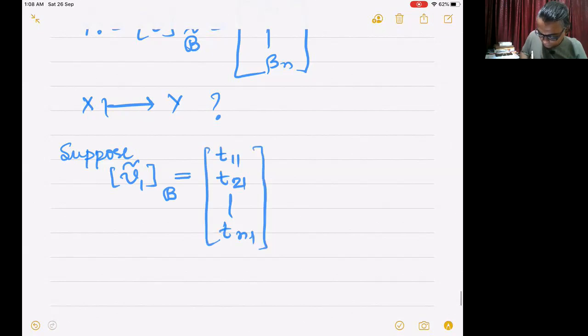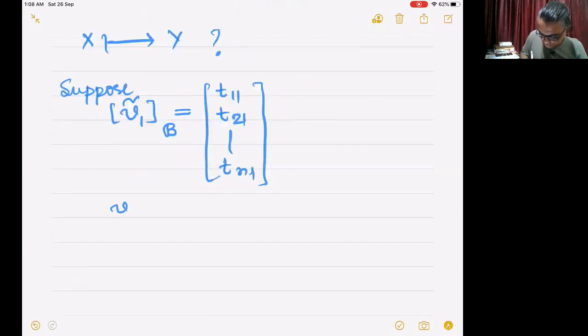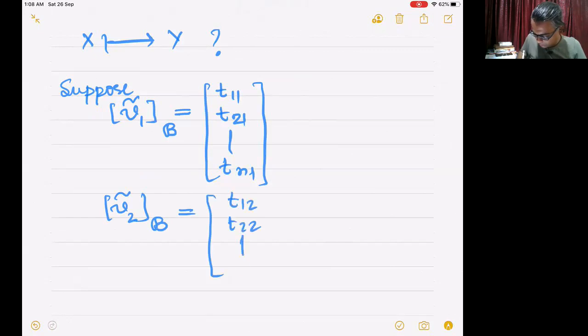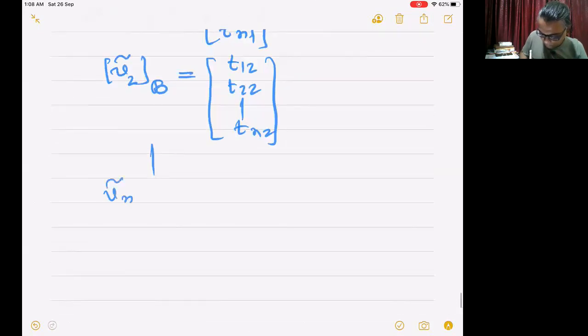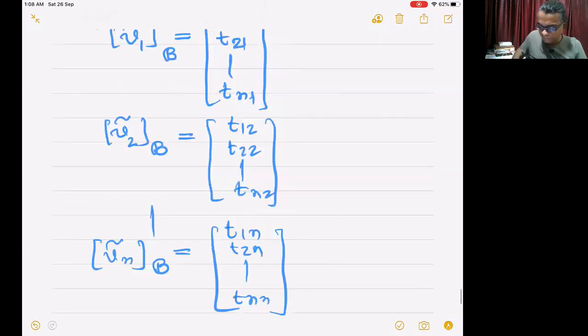V2 tilde in B is T12, T22 up to Tn2, and so on up to Vn tilde in B is equal to T1n, T2n, up to Tnn, like this. What does this mean?